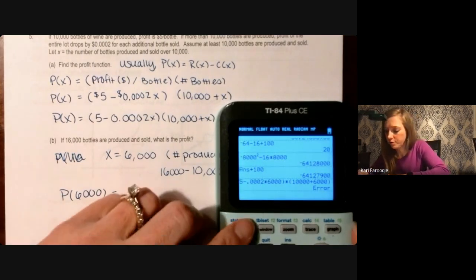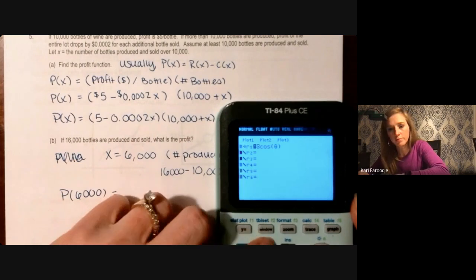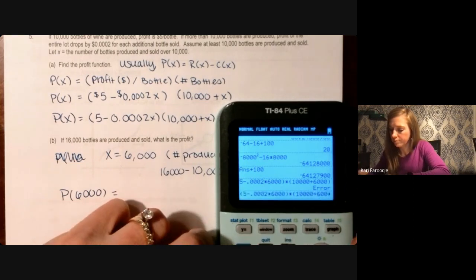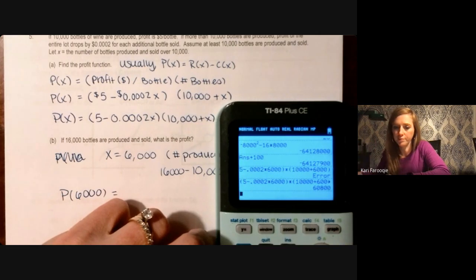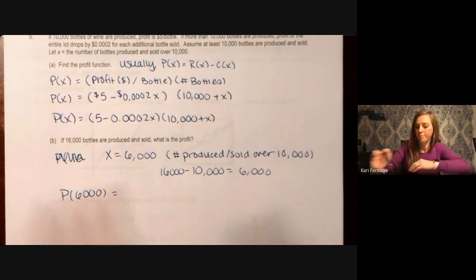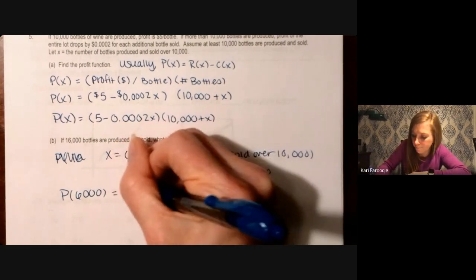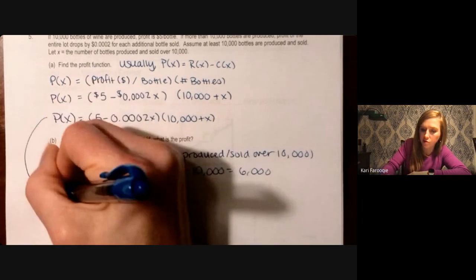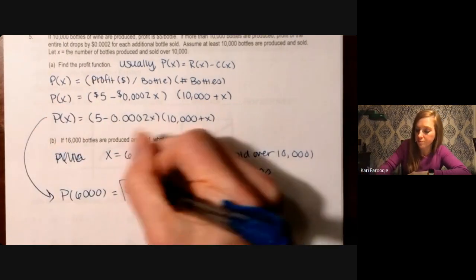Oh, I forgot a parenthesis. Let's pull that back up. $60,800. So that's just using that function that we already wrote.